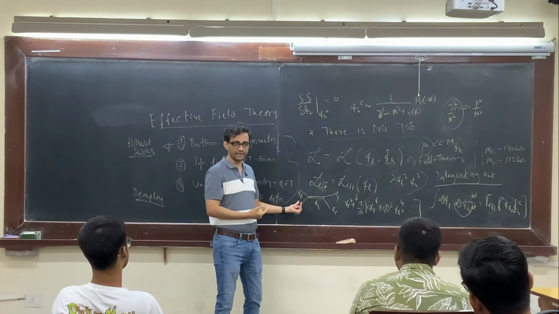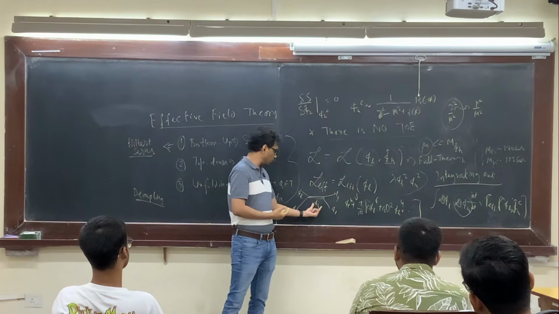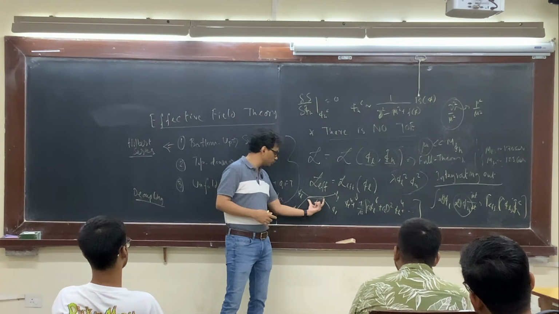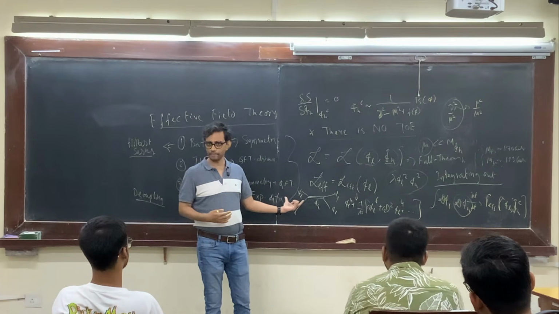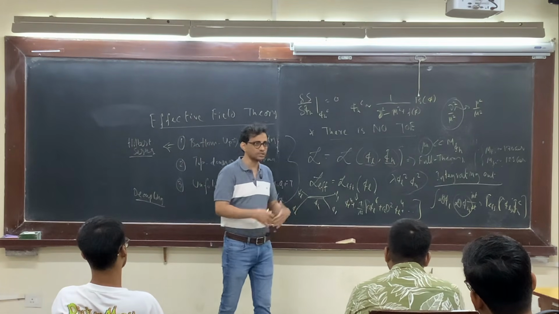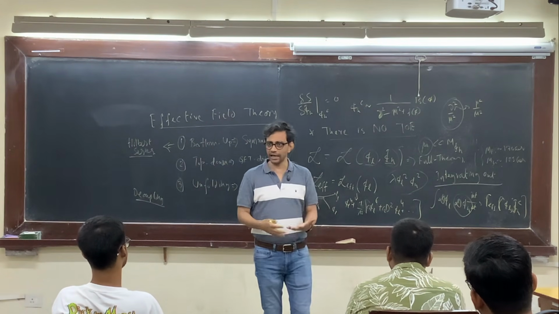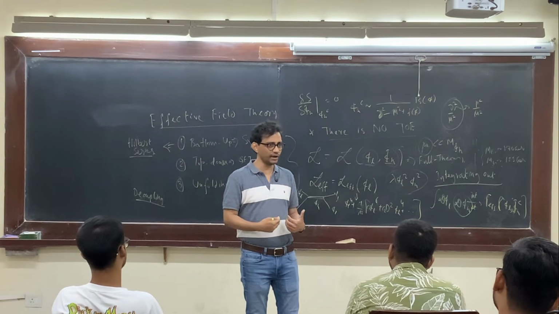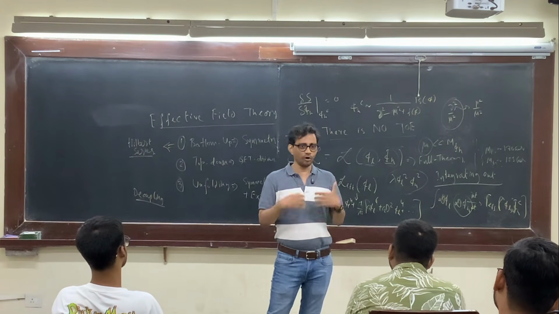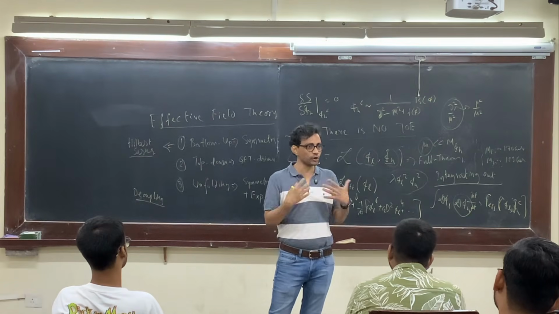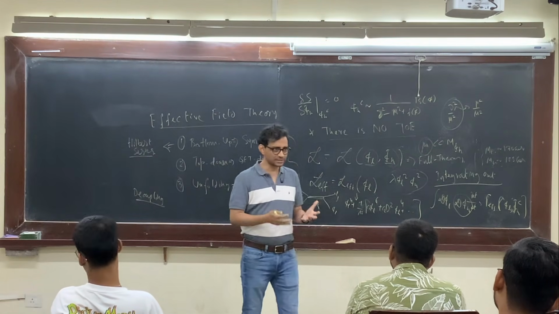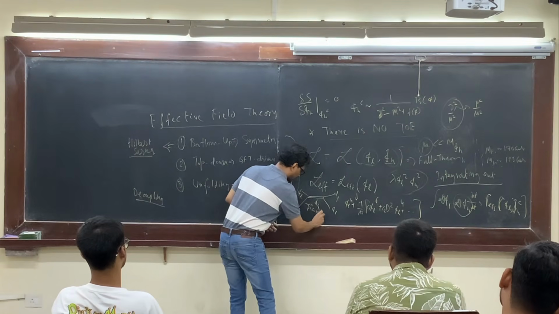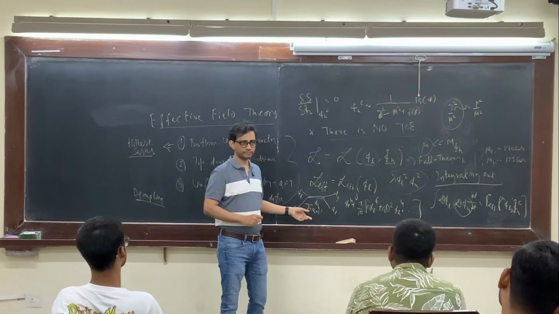Because if the momentum is very large compared to the phi H mass, of course you are producing phi H on shell. And if you are producing it on shell, you cannot count it as a lighter degree of freedom. That I can do only when it is counted as a heavier degree of freedom, that I cannot produce on shell. So that tells you that the momentum transferred, this p square, must be much less than your m square.